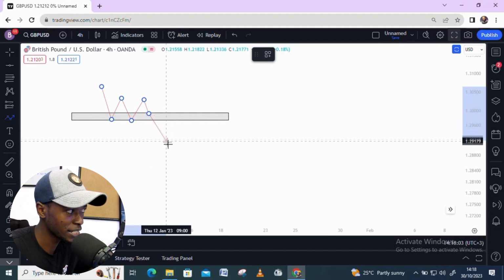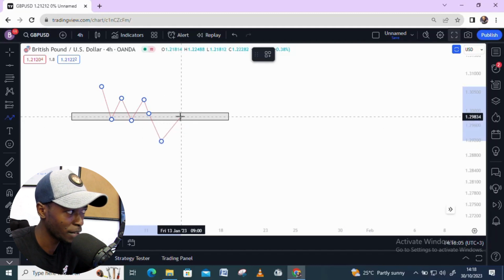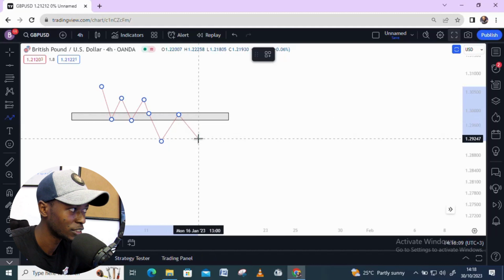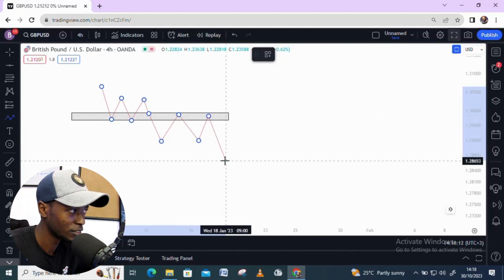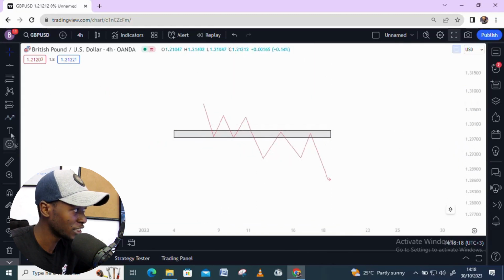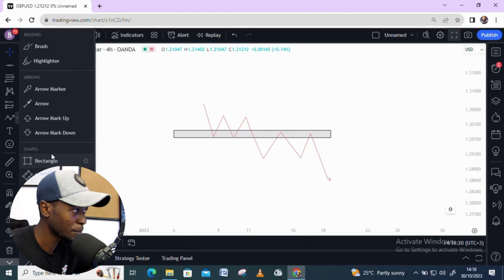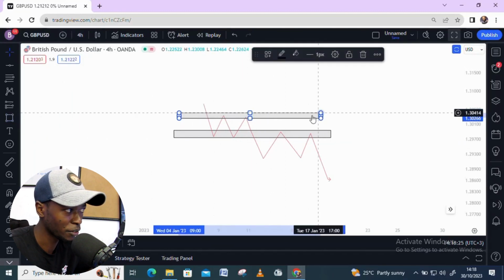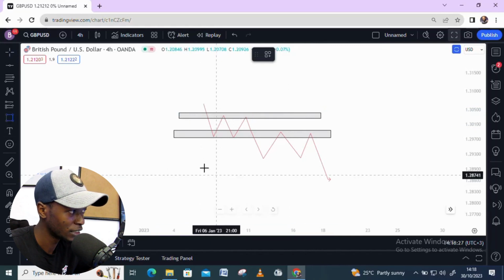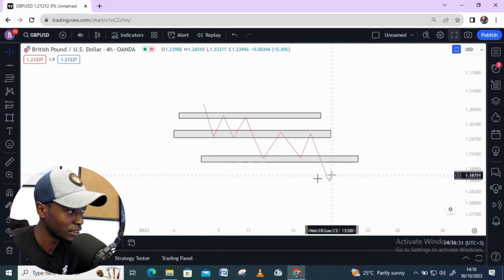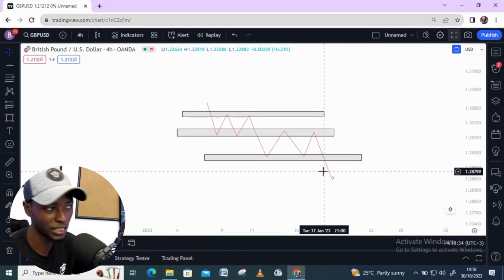If the market breaks below and comes back and finds resistance, this becomes a resistance zone. So basically, a support zone is a zone in the market where price bounces from. So that is support and resistance.